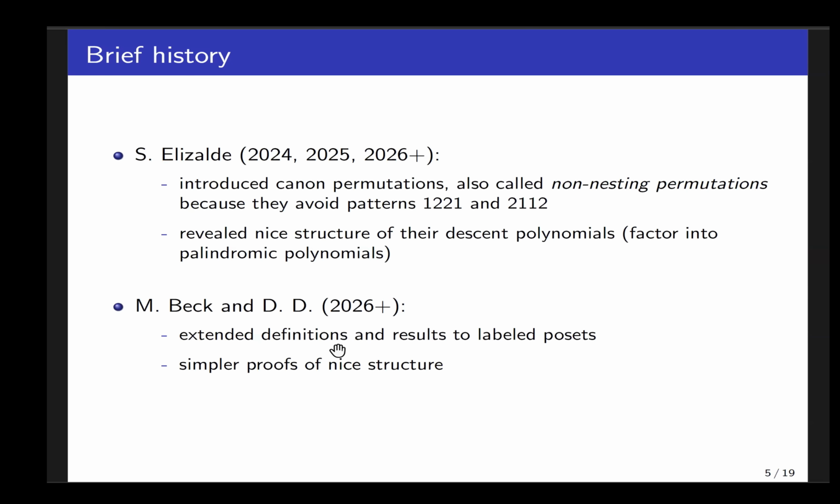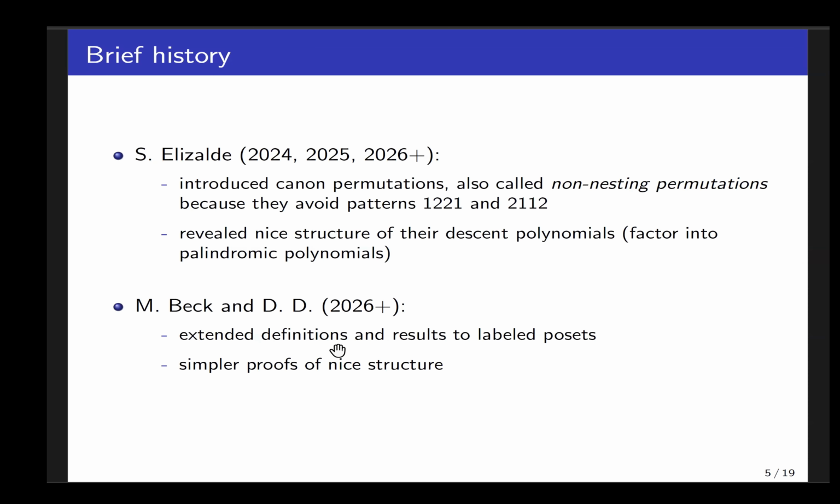They're palindromic, they're real rooted, and they factor into nice palindromic polynomials, the Euler and Narayana polynomials. And then with Matthias Beck, we used this framework of P-partitions of Stanley to understand a little bit better these polynomials and establish more results about their distributional properties.